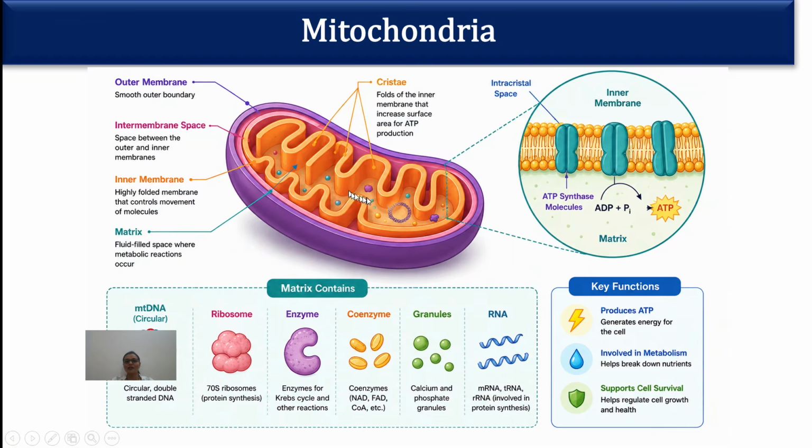So mitochondria also do protein synthesis like the cell does, so mitochondria are also called semi autonomous organelles, right? They mainly produce ATP. ATP is the currency of the cell.